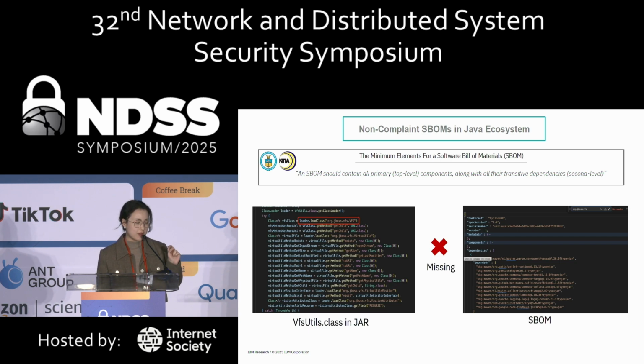If the SBOM has a missing dependency, the vulnerability associated with it may go undetected, because the vulnerability scanner is built on top of the SBOM. If this dependency is missing, the vulnerability associated with the dependency will also not be visible to the vulnerability scanner.